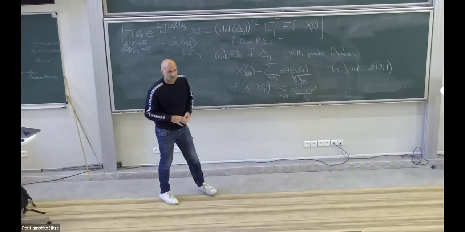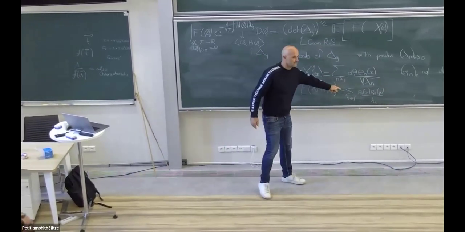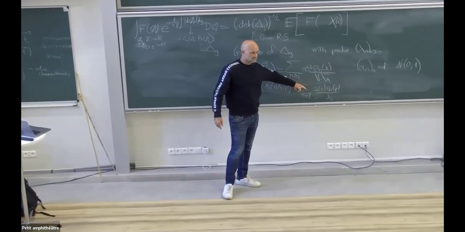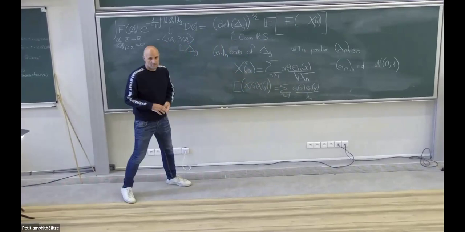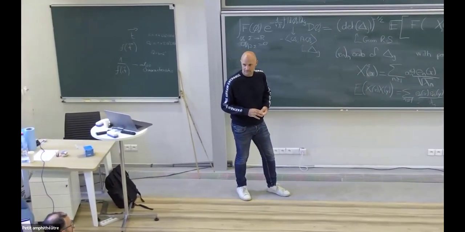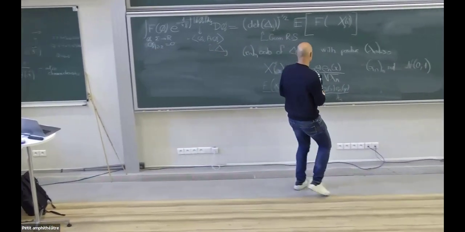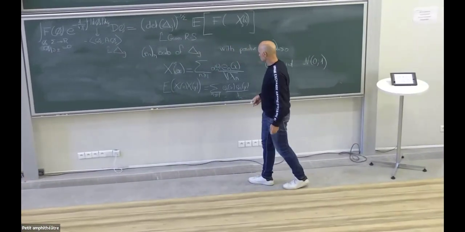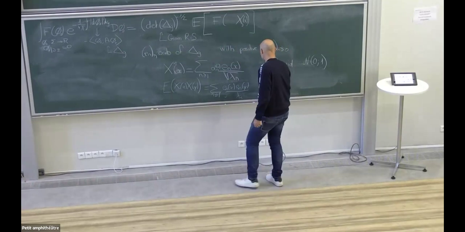And this is the Mercer representation of the Green function. So this is really a Gaussian field whose covariance is given by the Green function.